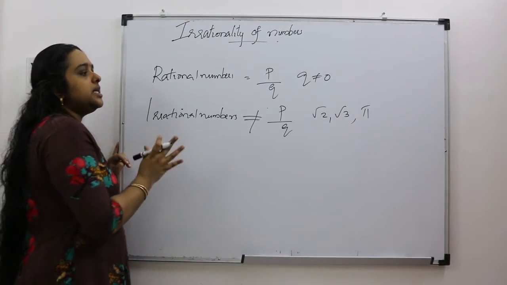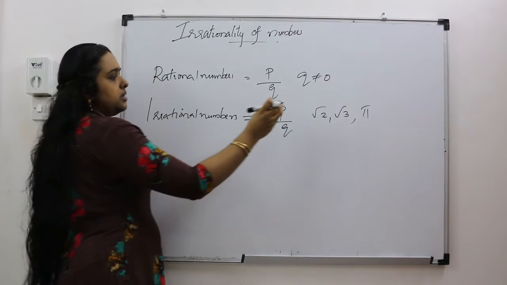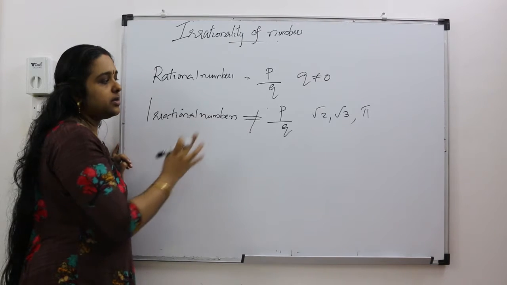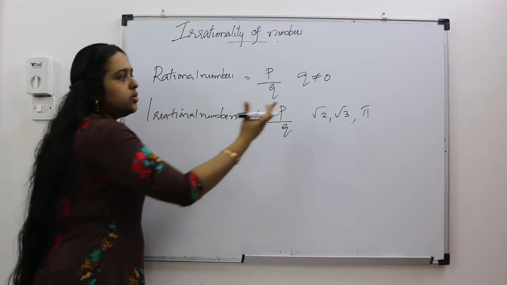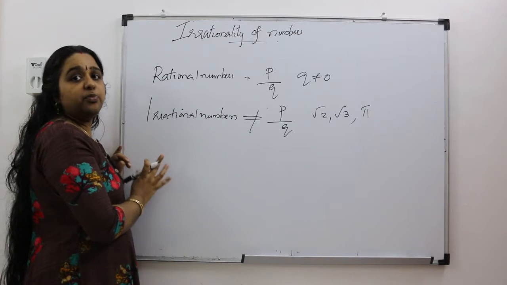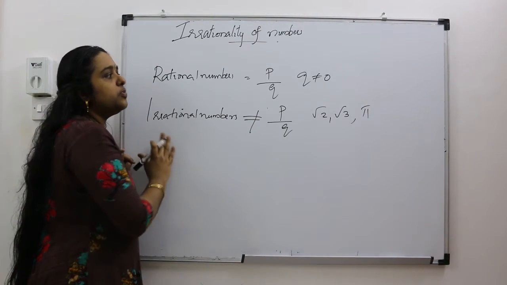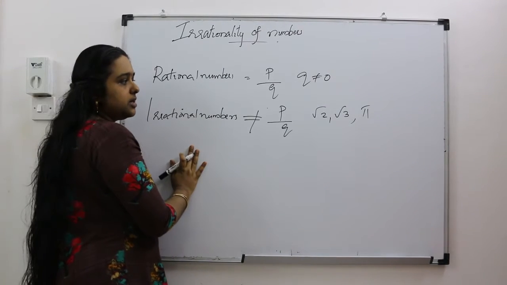So in this section we have to prove that these numbers are irrational. How will we prove whether these numbers are irrational or not? I am just telling you root 2 is irrational, but we need a proof. In order to prove that, we use a method of contradiction.